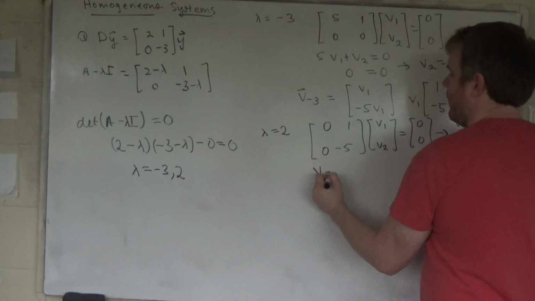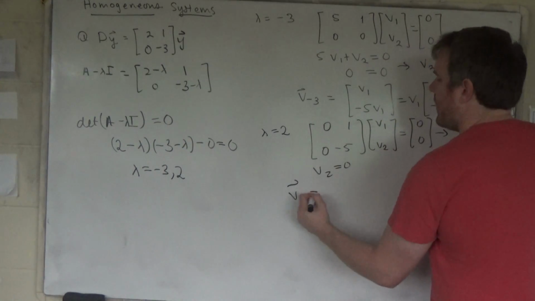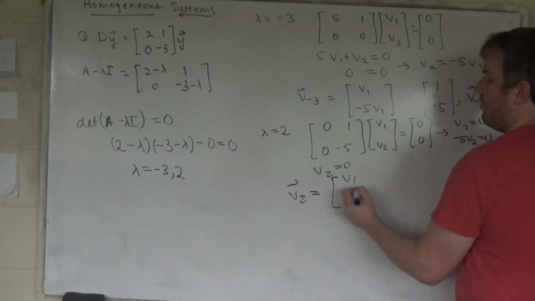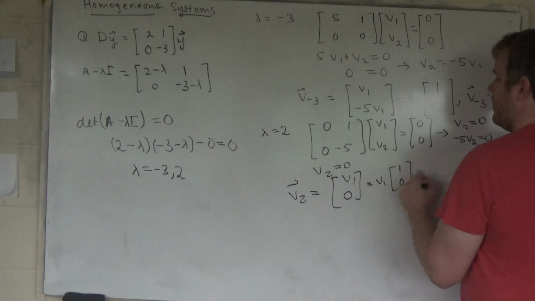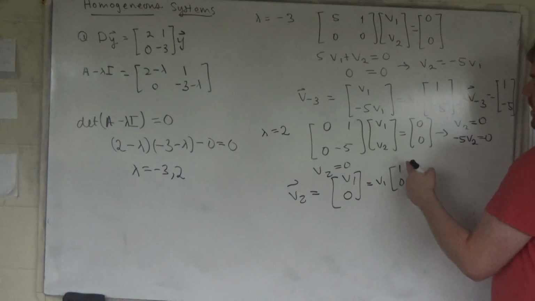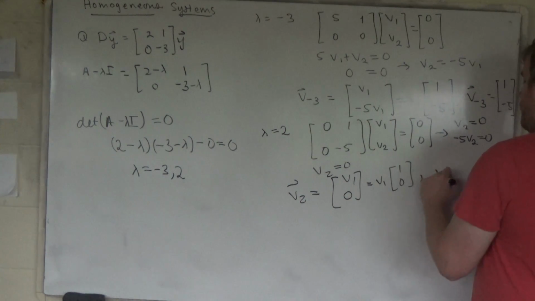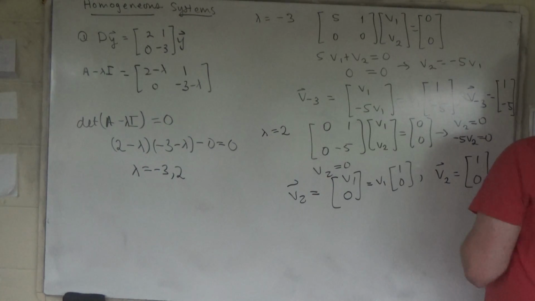Both of these tell us that v2 should be 0. So when I make my vector, v1 is free to be anything it wants, and v2 must be 0. Factoring out v1, I get the vector 1, 0, which tells us that the vector v2 should be 1, 0.